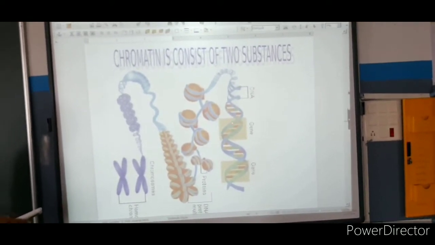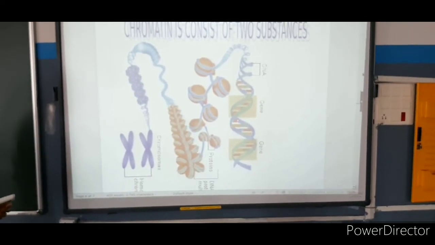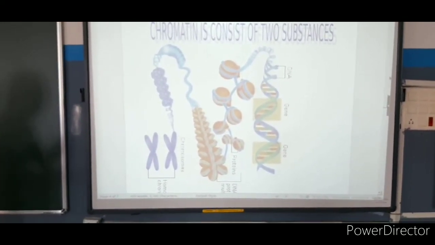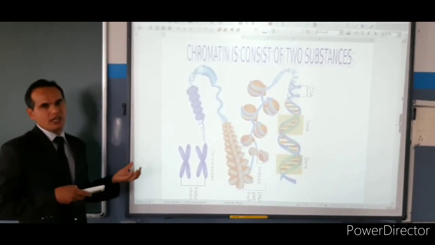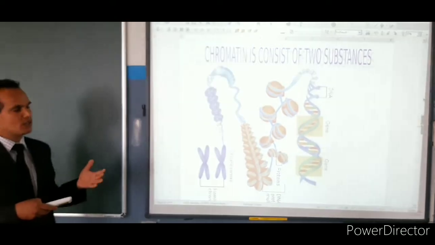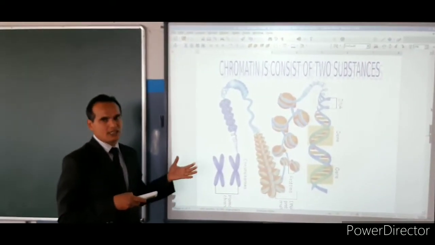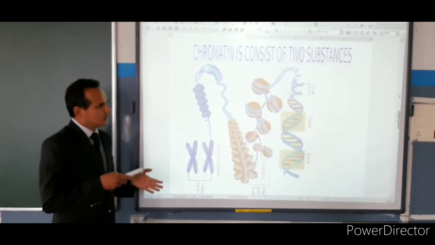This DNA has two strands, and each strand of DNA is made of what? Repeating nucleotides. A nucleotide has three different components, as we discussed: phosphate, sugar, and nitrogen base. We have altogether four different nitrogen bases. In simple words, we can remember them as A, T, and G, C. I told you to remember that.